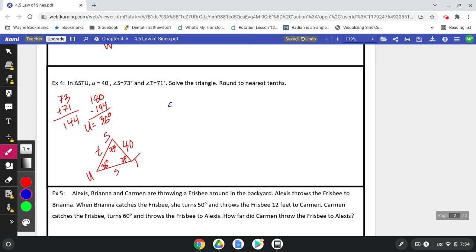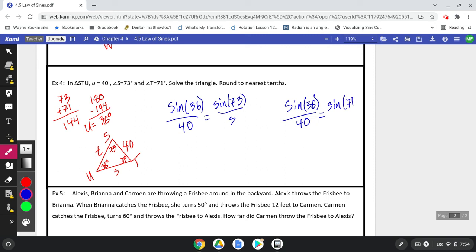We'll do the sine of 36 divided by 40. That will be equal to, and we can do it twice actually because we'll do this for both of them. Sine of 36 divided by 40. That will be equal to both the sine of 73 divided by s, and then the sine of 71 divided by little t. And that is an s here.